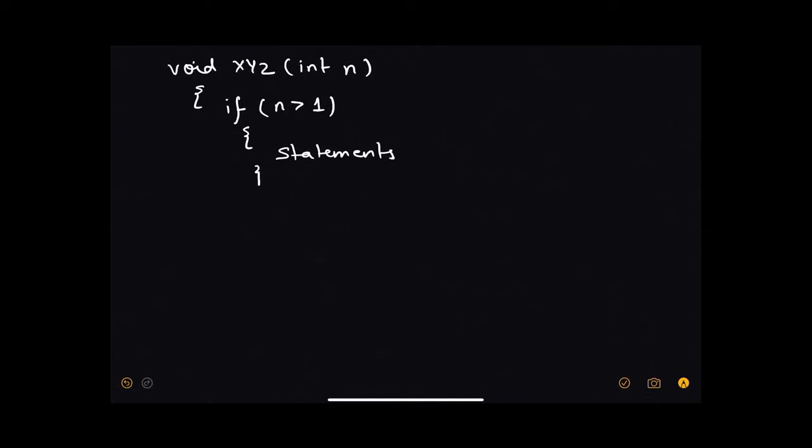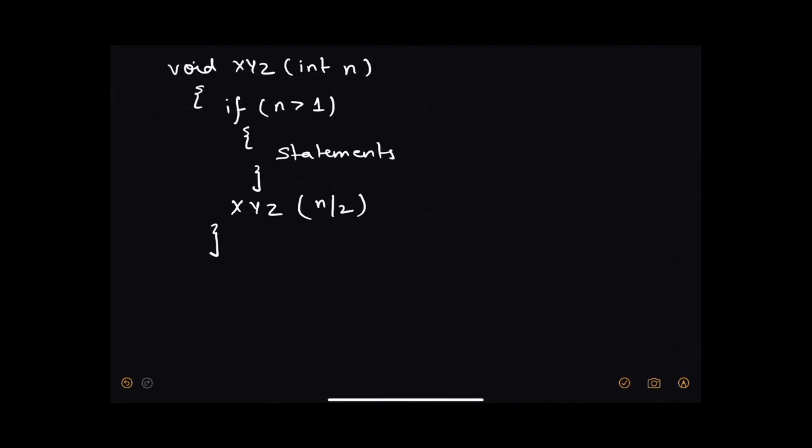Let's suppose I'm having this problem. void xyz(int n), and there is a condition where I'm checking if n is greater than 1, then you execute some statements, and then my problem is called recursively only for half, for the leftover half part of the problem.